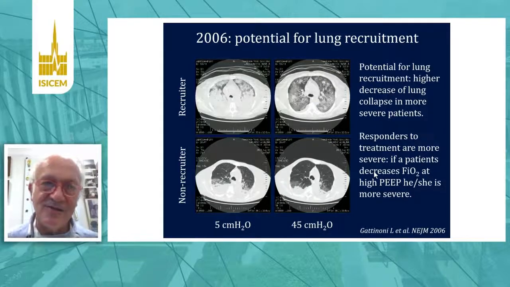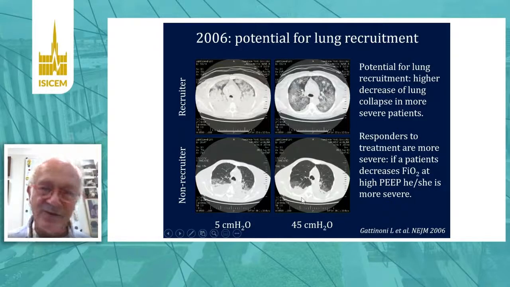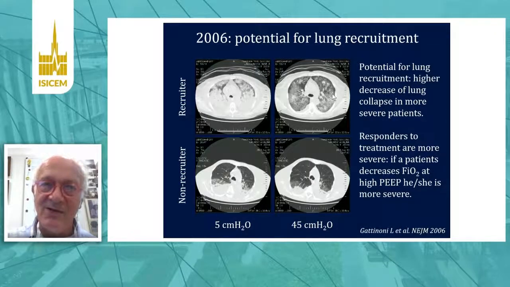And Gattinoni once again divided ARDS patients into good recruiters and non-recruiters. On the bottom, you can see a patient that does not recruit, going from 5 to 45 centimeters of water, while at the top, you see a patient that going from 5 to 45 recruits a lot of lung, a lot of air gets into the lung, and alveoli open up.